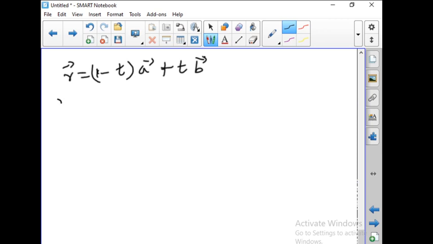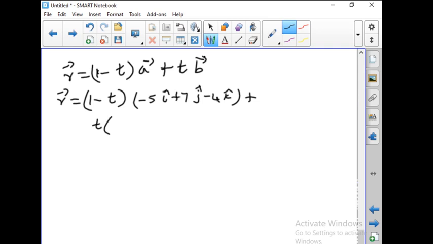So R vector is equal to (1 minus t) into A vector. A vector is minus 5i cap plus 7j cap minus 4k cap, plus t into B vector, which is 13i cap minus 5j cap plus 2k cap.